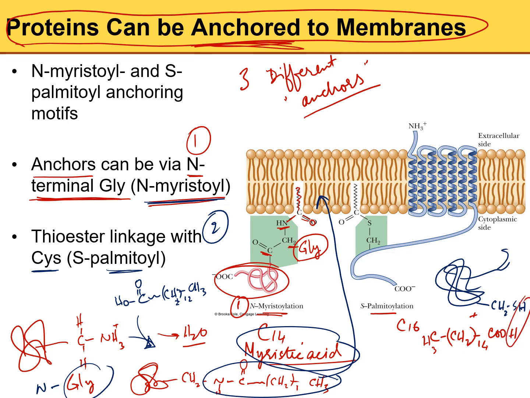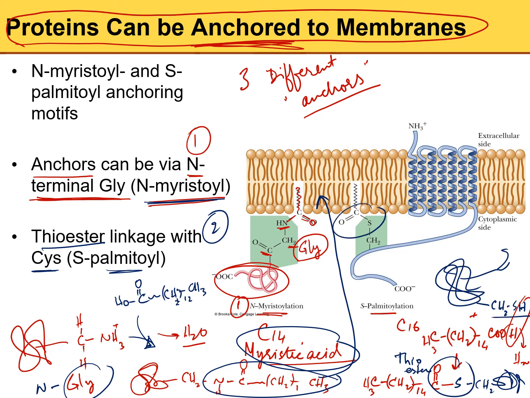Water is eliminated, and what you form is CH3, CH2 fourteen times, C double bond O, and then you link it with S and CH2 of the protein. This is called a thioester bond, and this is the internal cysteine as shown here.